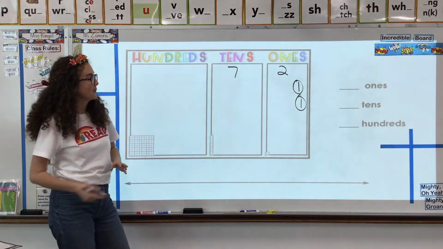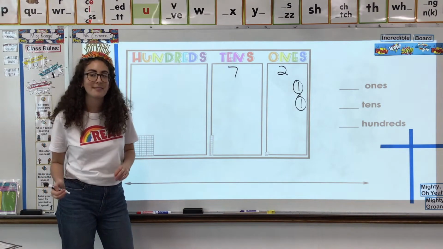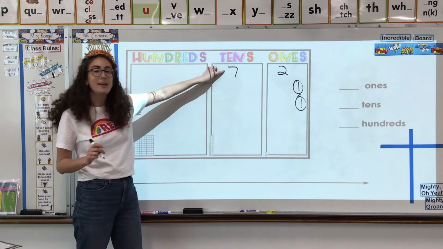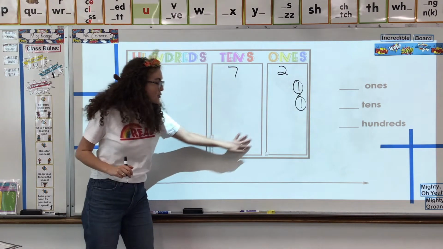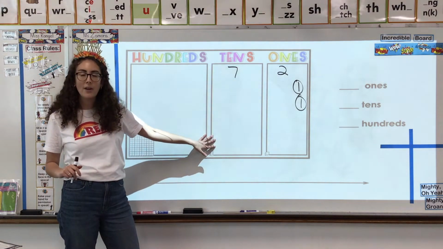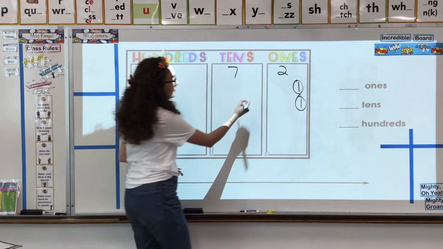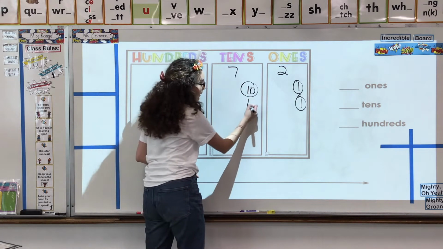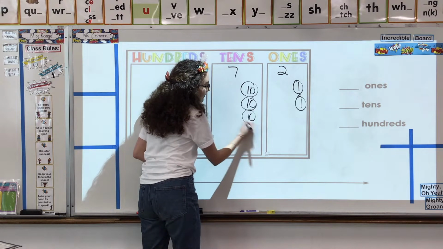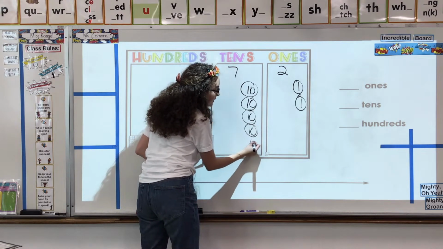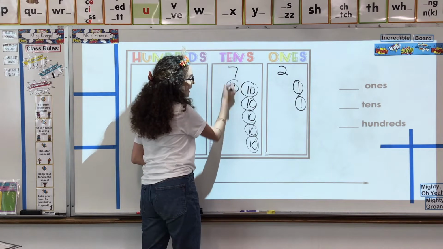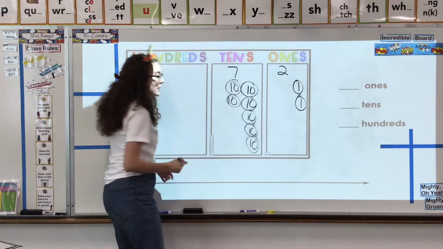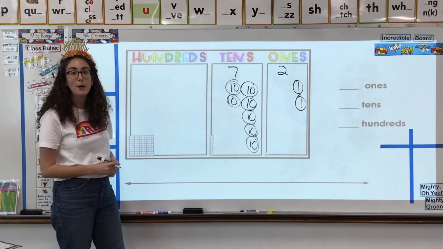How many tens in 72? 7. There's 7 tens. Can we draw 7 tens together? And watch how I do it. We're going to draw 10 with a circle around to show each 10. And I'm going to draw them in a 10 frame so I can really easily see what I'm working with.